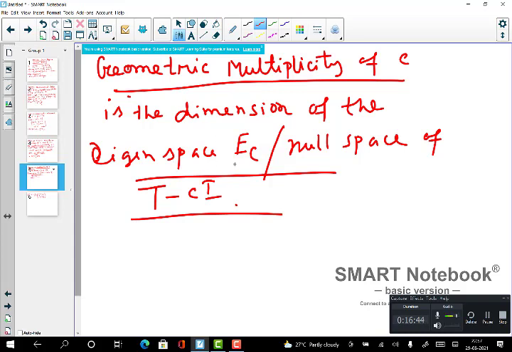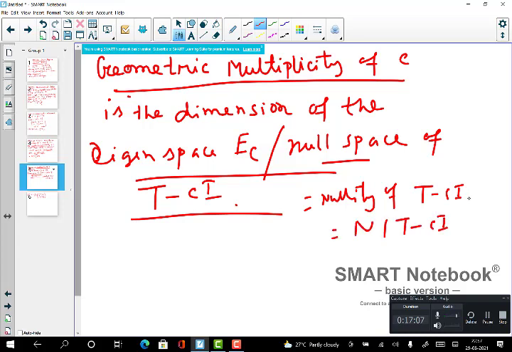You know that the eigenspace means the null space of this, right? The dimension of the null space is called nullity, right? So this is also the nullity of T minus cI.